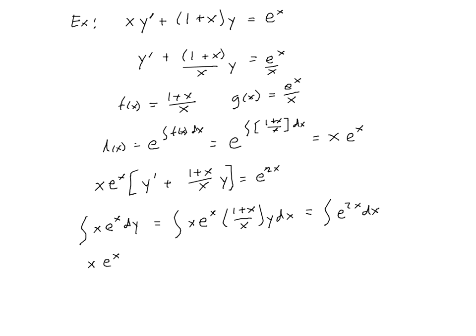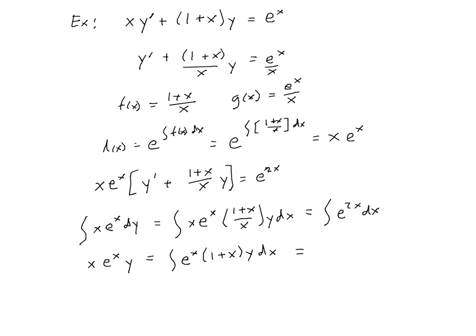The first one is pretty easy. You just have x e to the x y, because there are no other y's involved. The second one is going to take a couple steps. We can simplify this down to the integral of e to the x times 1 plus x, y dx.